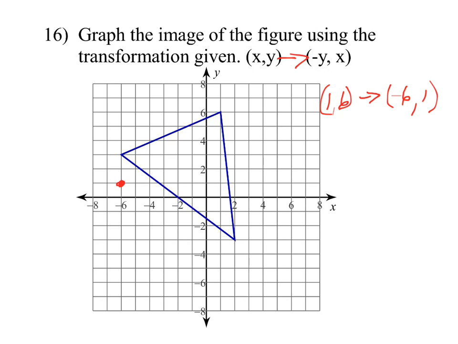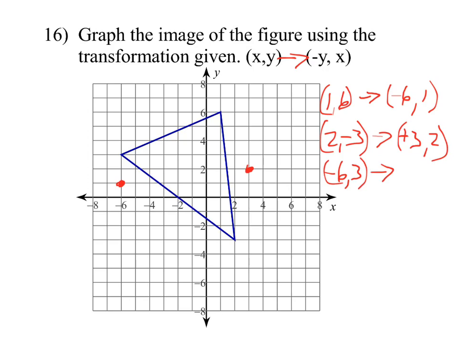And then let's look at this point, which is at 2, -3. I need to change the order, which is going to give me -3, 2. And I need to change the sign of the first one, so I'm looking at +3, 2. Gives me that point there. And we've got one last point to move. That one, which is at -6, 3.